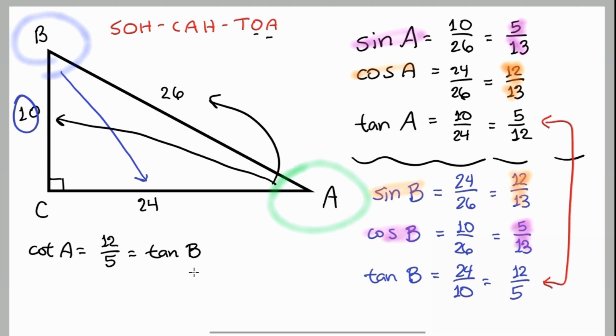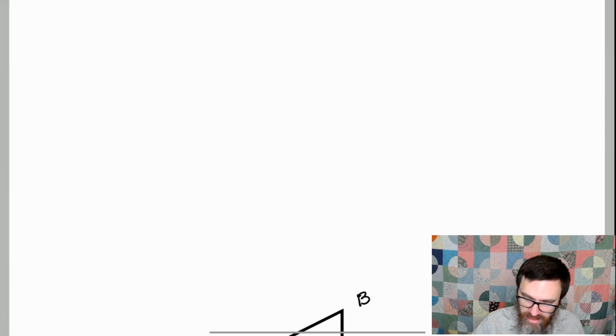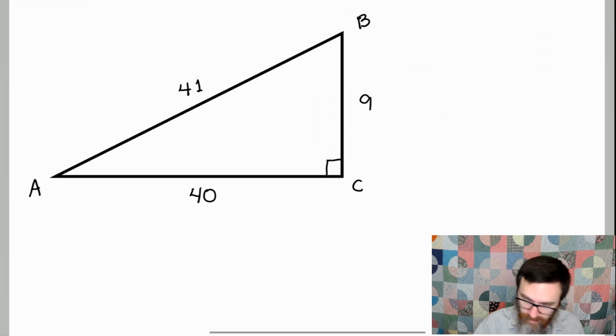You're going to see all these connections with the trig functions and the co-functions: sine and cosine, tangent and cotangent, and also secant and cosecant. Let's look at another example so you can just see it happen again right here.